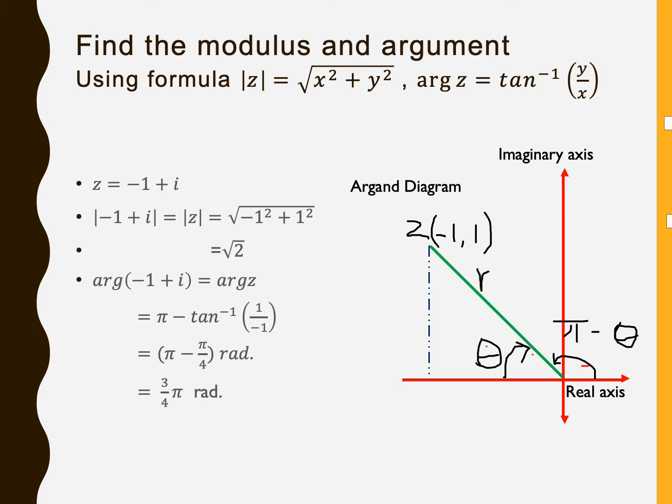By using the principal argument, in the second quadrant, sin theta is positive and cos theta is negative. So the argument z equals pi minus arctangent 1. After the calculation, we have 3 over 4 pi radians.